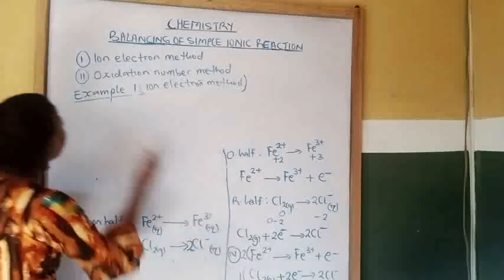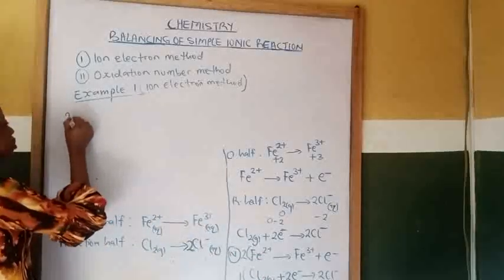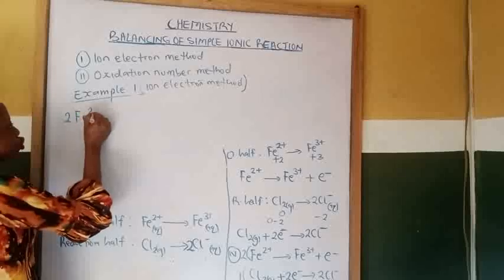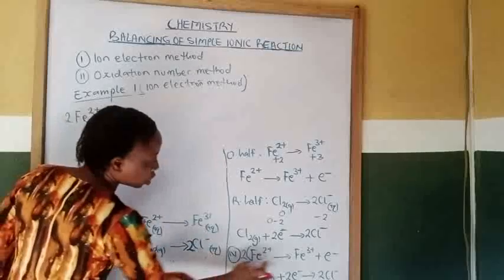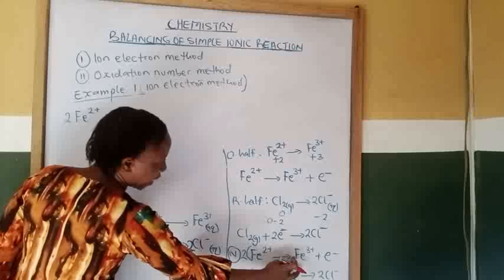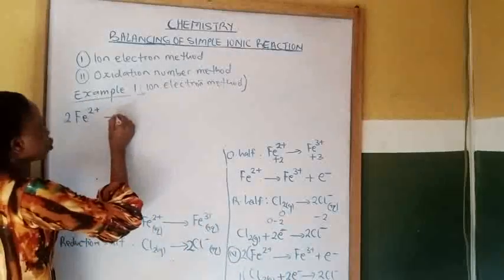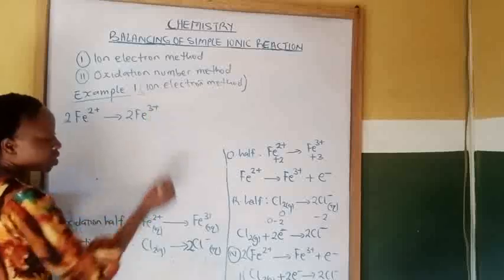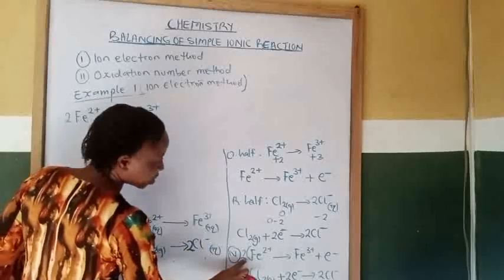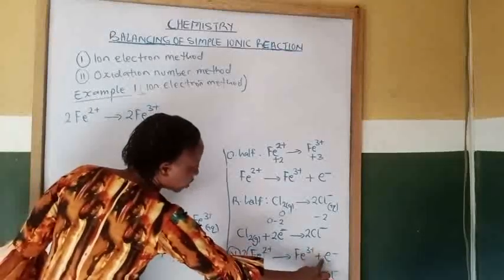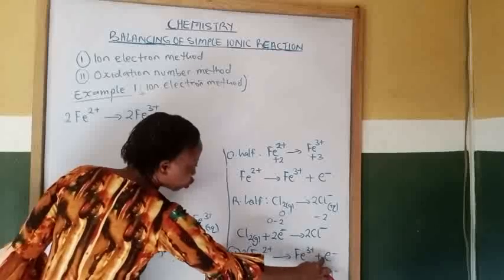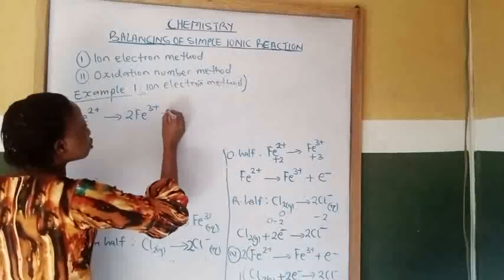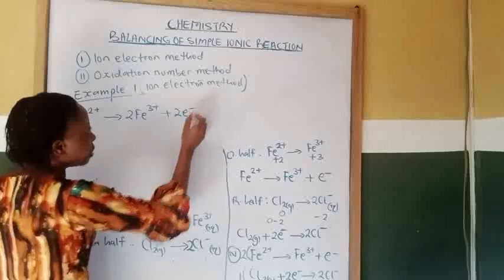So 2 times 1 will give us 2Fe2+. Then this 2 times the coefficient of Fe here, which is 2Fe3+. Then 2 times the coefficient of this electron, which is 1. So 2 times 1 will give us 2e minus.